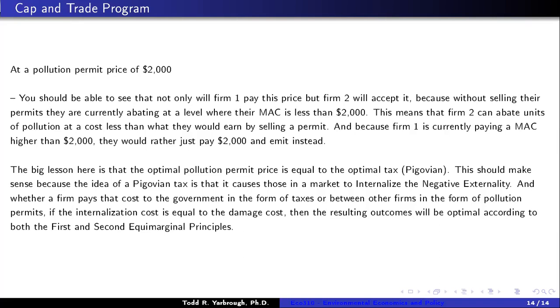It doesn't matter whether we use a Pigovian tax. It doesn't matter whether we use a cap and trade. Theoretically, the exact same outcome should arise.